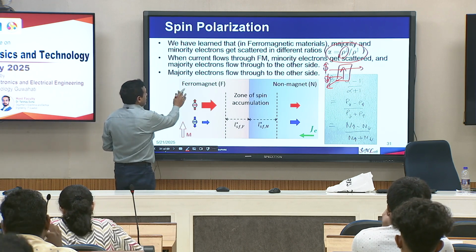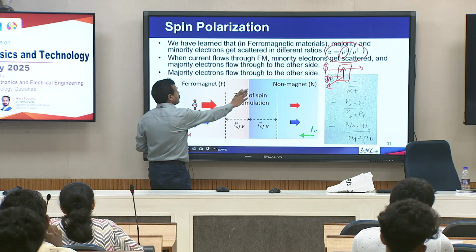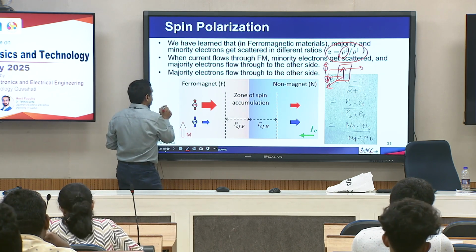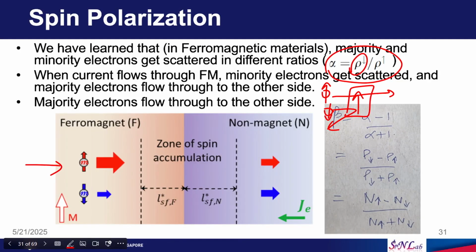Let us say you have a ferromagnetic layer and a non-magnetic layer, and you send electrons from one particular direction. The spin up electrons will go through, and the spin down electrons will get scattered back, so they may accumulate here.